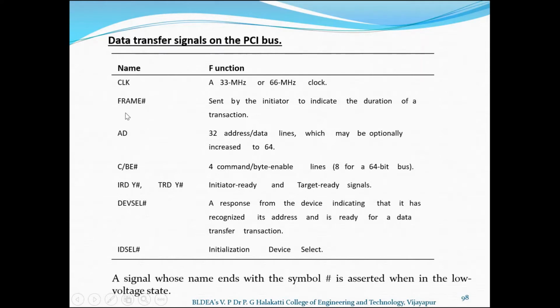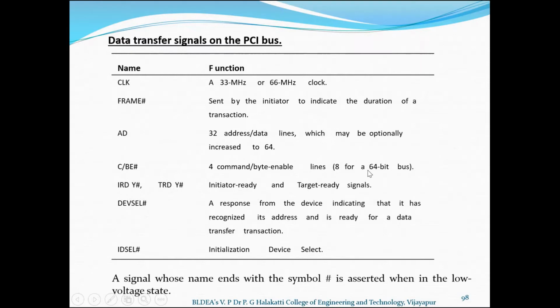Then we have FRAME# which is sent by the initiator to indicate the duration of a transaction. AD is a 32-bit address or data line which may optionally be increased to 64. C/BE# is a 4-bit command or byte enable line.